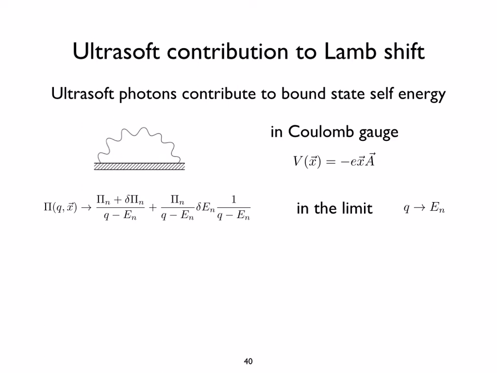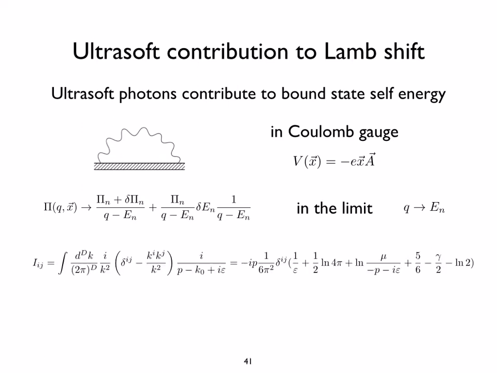During the evaluation we will have integrals with the photon propagator, the projection to Coulomb gauge, and also the propagator of the bound state. This integral can be evaluated in dimensional regularization. We prefer dimensional regularization because before we also used dimensional regularization for matching.